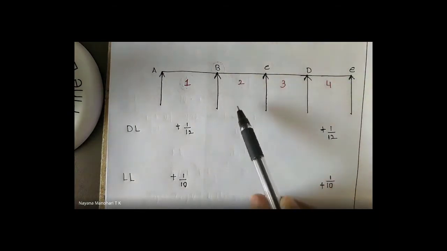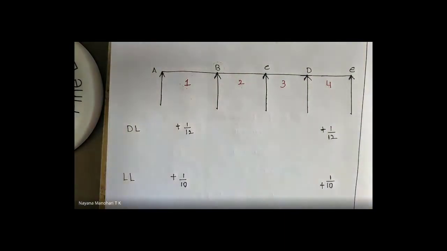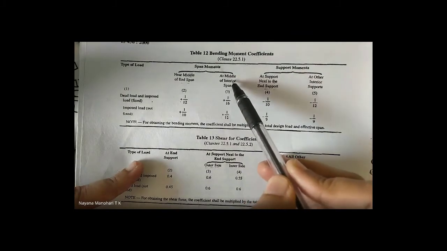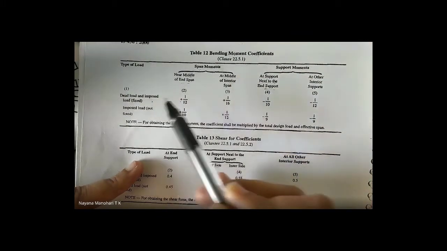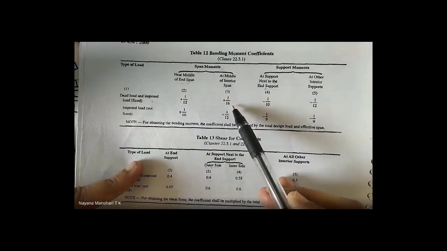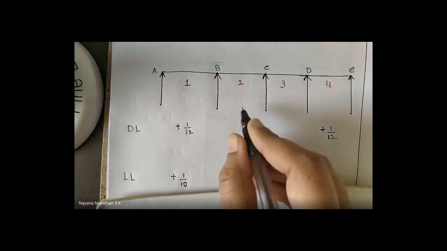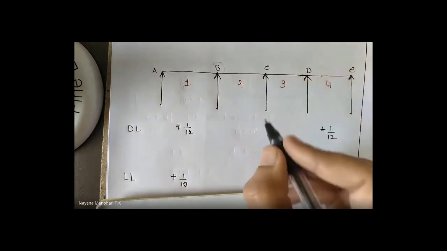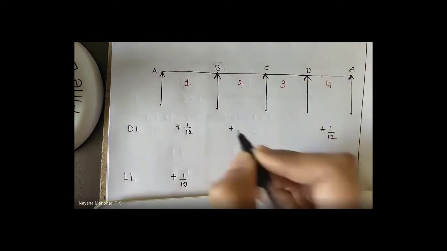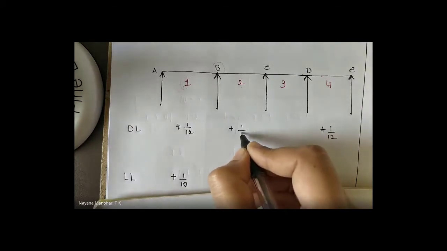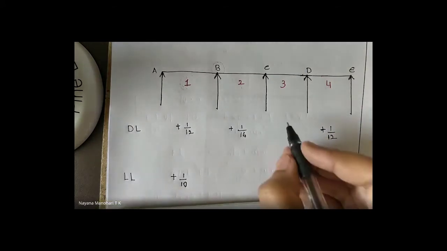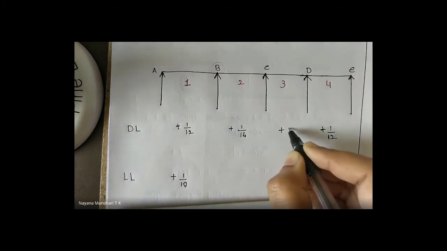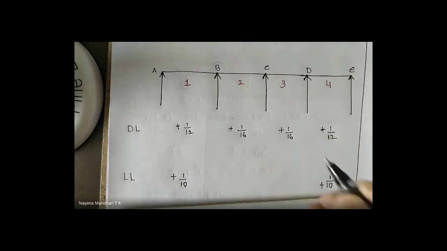At the middle of interior span for the dead load, the bending moment coefficient is plus 1 by 16. BC as well as CD are the interior spans, so the middle of interior span for the dead load is plus 1 by 16 for both.